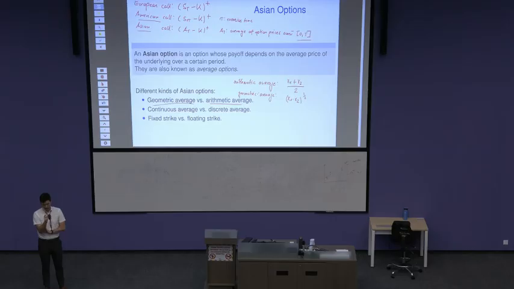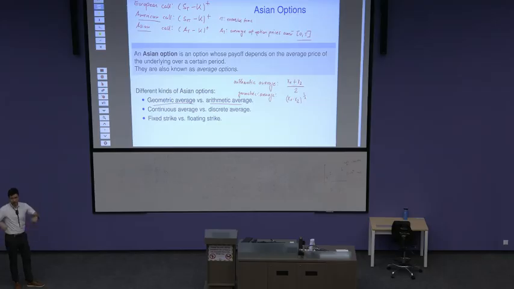So decrease the time period, the time delta, and then in the limit you consider the continuous time limit, and this leads then to some notion of continuous averaging. Of course, in practice, it's very difficult to do that. You cannot observe continuously. But the hope is at least that we get some kind of nice solution.